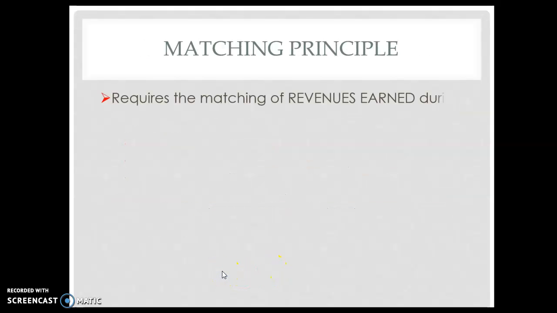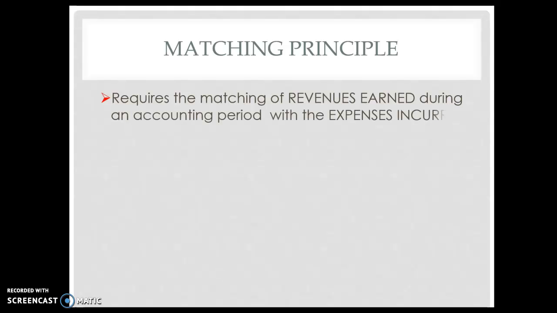We have a thing that is called the matching principle. The matching principle is a major part of the accrual basis of accounting, which is what is required by GAAP. Remember that GAAP is generally accepted accounting principles. We learned that in chapter 1.